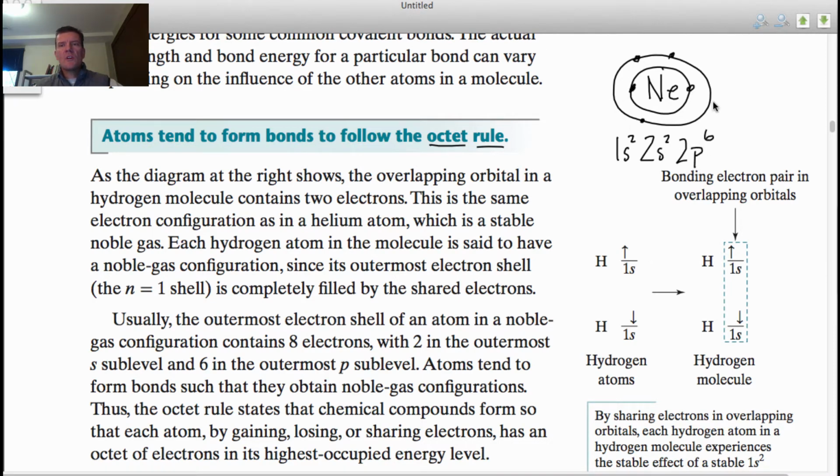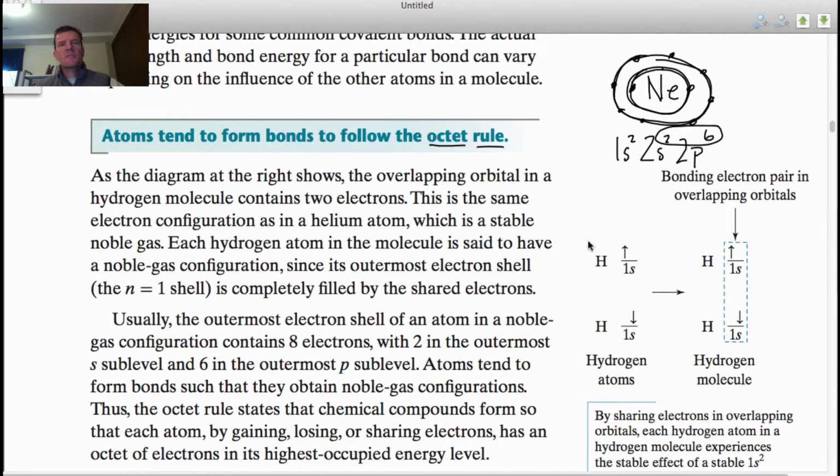So 1, 2 in the first 2p, 3, 4 in the second 2p, 5, 6 in the third 2p. So you'll notice here the first energy level has 2 electrons and it's full. Then the second energy level would have 8 electrons and it is full. Here are the 8 electrons in the second energy level, so it's full.